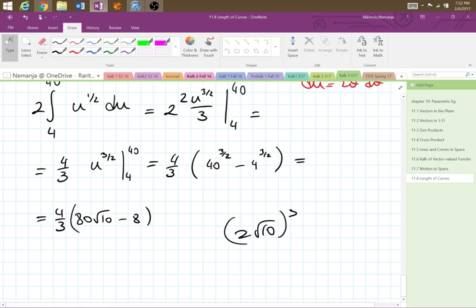Now we can pull out 8 if you are really interested. Right, you can pull out 8. So 32/3, 10 root 10 minus 1.